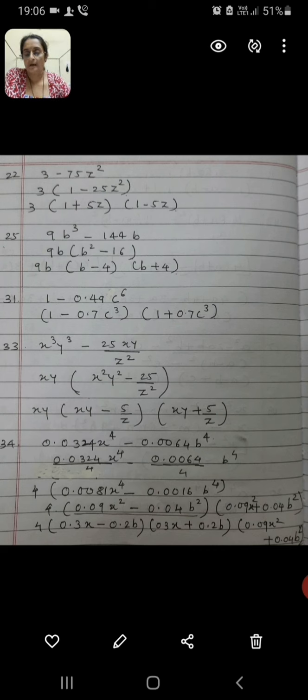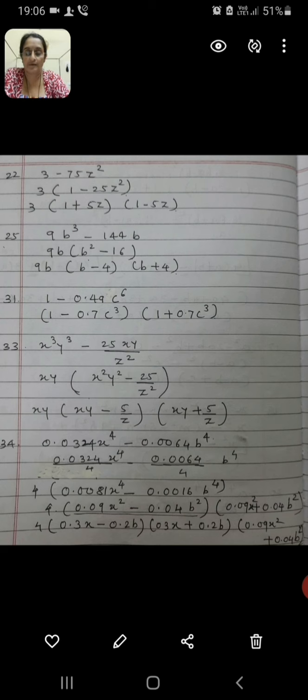Next is x raised to 3, y raised to 3 minus 25 xy upon z square. Now we will take a common term from this, that is xy. So if you take xy outside the bracket, from the first term x cube y cube, what will remain?